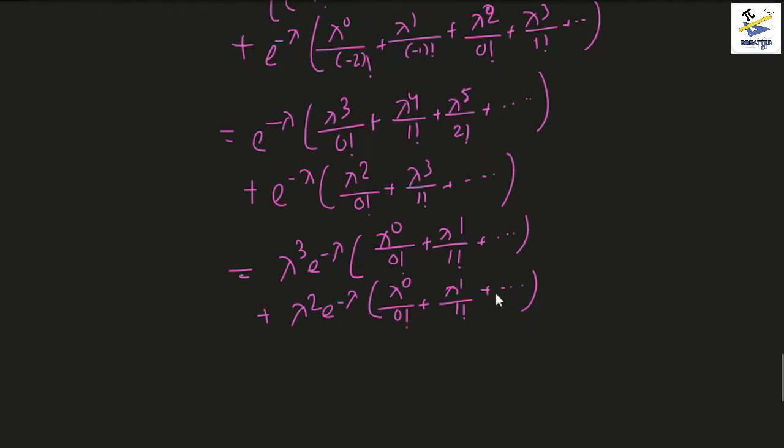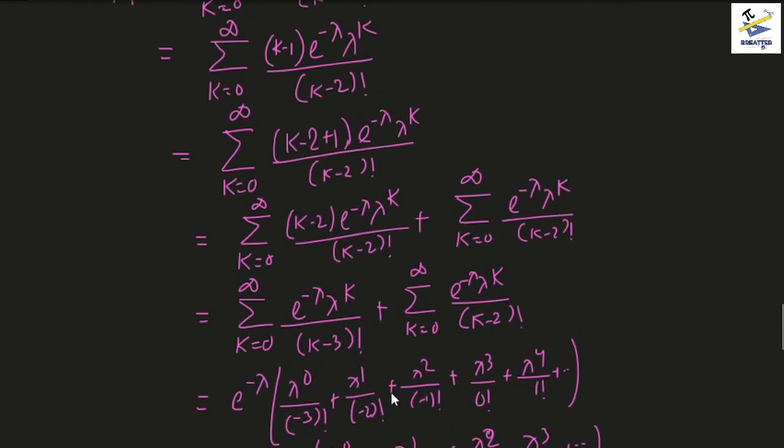And since we know that this is the Taylor series expansion for e to the power lambda at the point 0, we can write this as lambda cube e to the power minus lambda e to the power lambda plus lambda square e to the power minus lambda e to the power lambda, and this would give us lambda cube plus lambda squared, right? So this is the value for A.